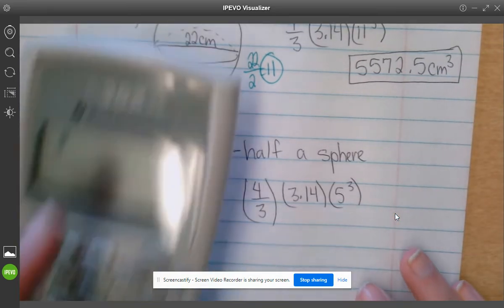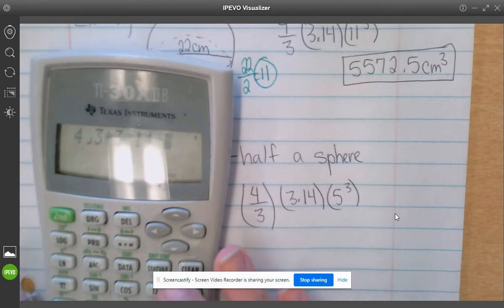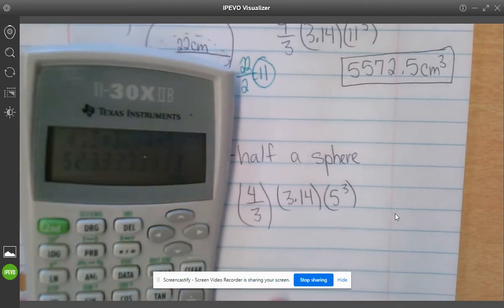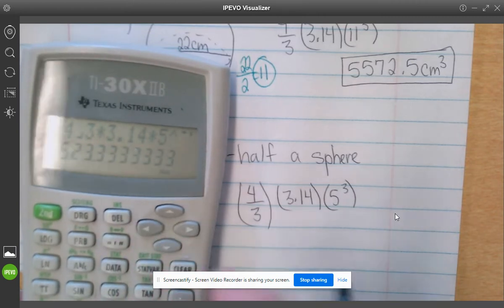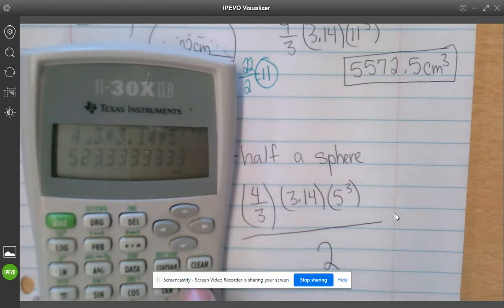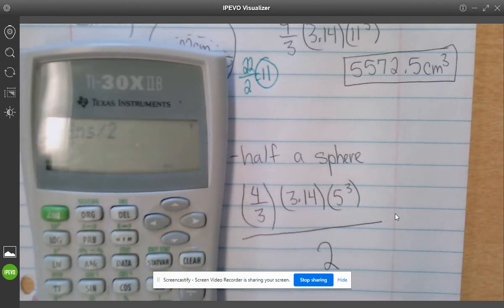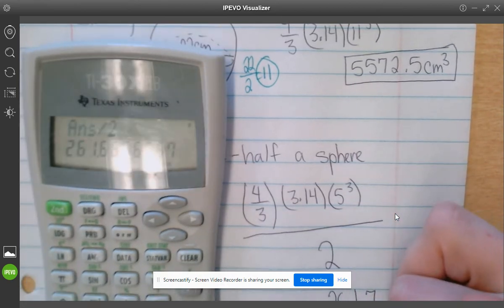One thing to get the most exact answer that I want you to remember on this is whenever I type this in, I'm going to get an answer like that. I want you to keep that number in your calculator instead of writing it down. And then I want you just to divide it by 2 from your calculator. So we get 261.7 inches cubed.